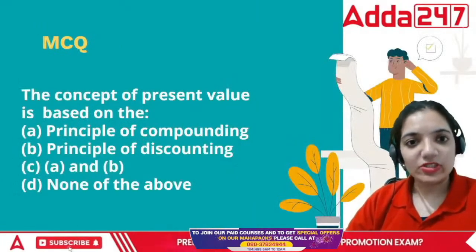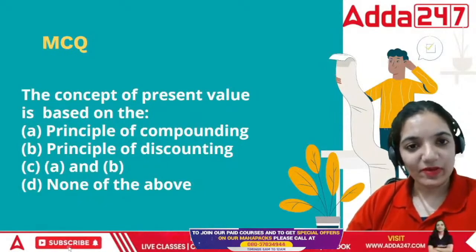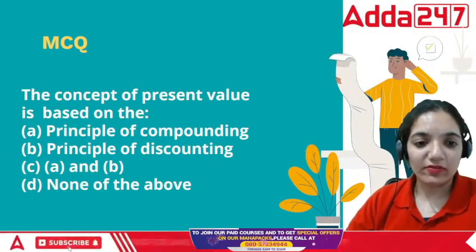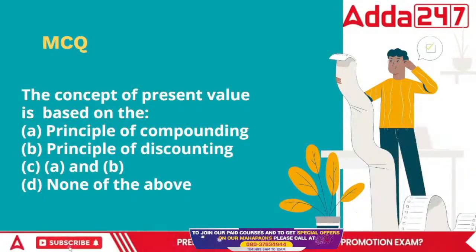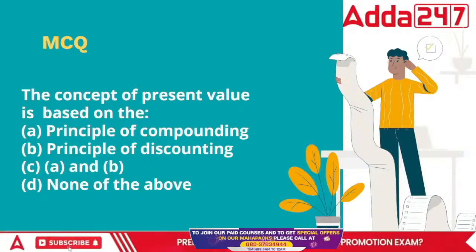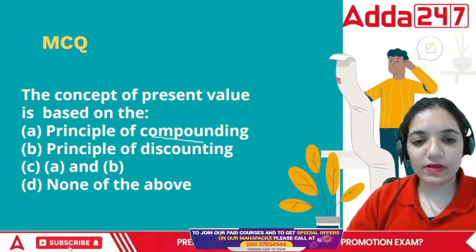The concept of present value is based upon the principle of compounding, principle of discounting, both A and B, or none of the above. What would be the answer in this case, everyone? Now, is it a compounding process?